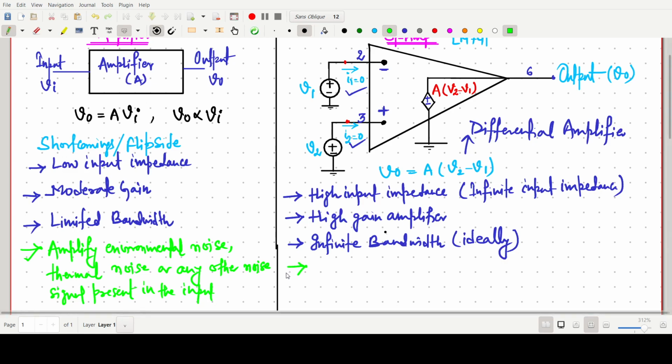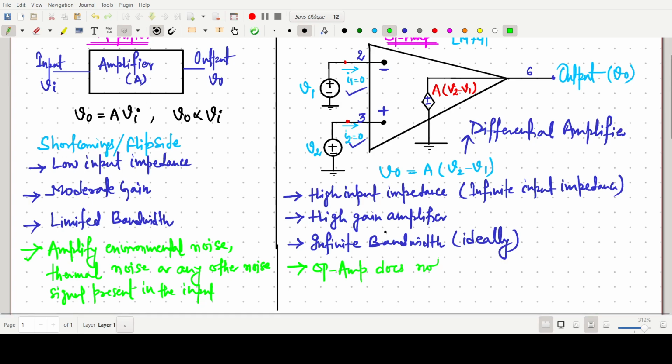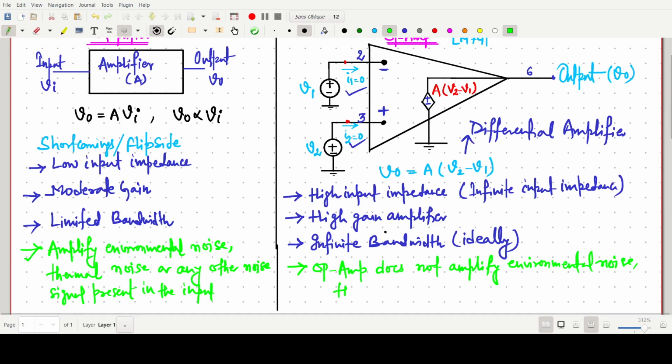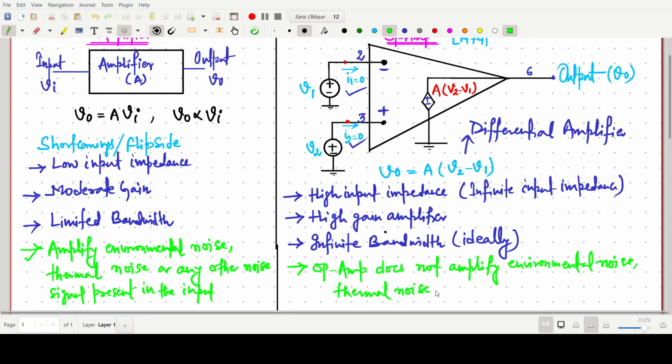But an op-amp circuit does not amplify environmental noise or thermal noise, because it is a differential amplifier. So the noise will be subtracted or cancelled out due to V2 minus V1.